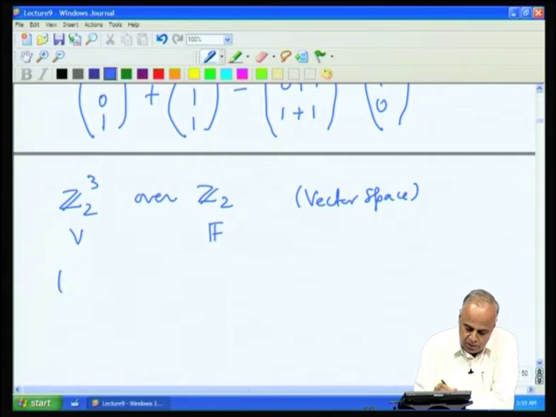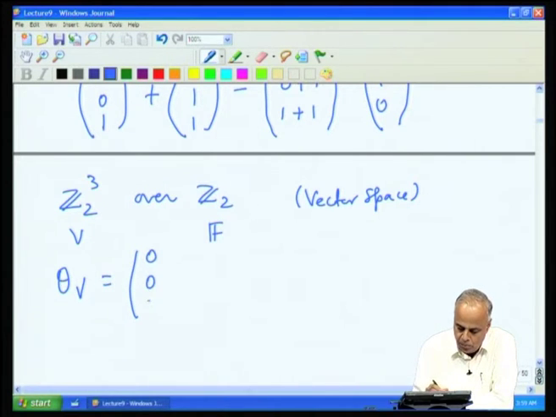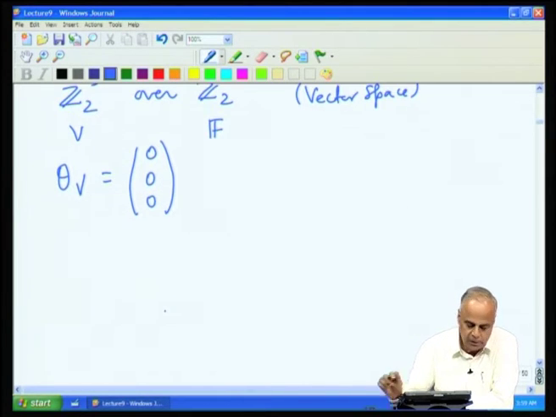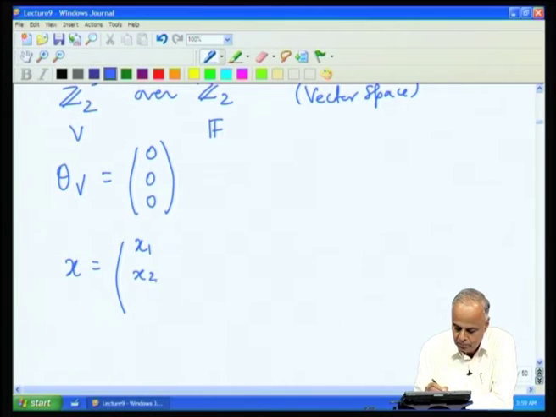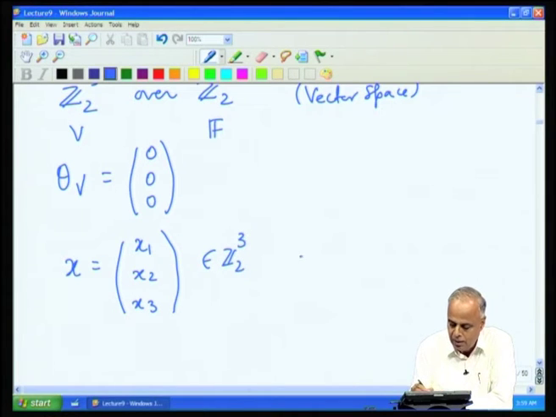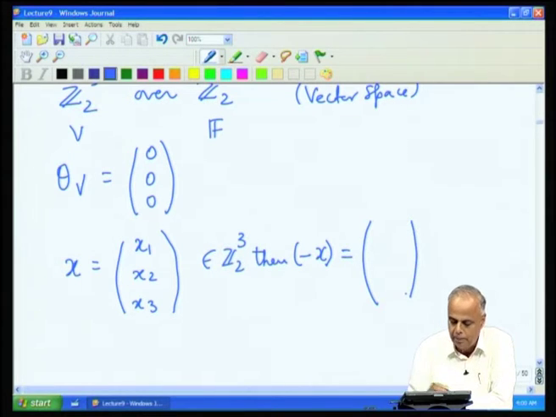What is the 0 element of this vector space? It is obviously 0 0 0. Now, something tricky happens here. If you take any x in Z 2 cube, its corresponding negative vector must be, I must take minus x 1.